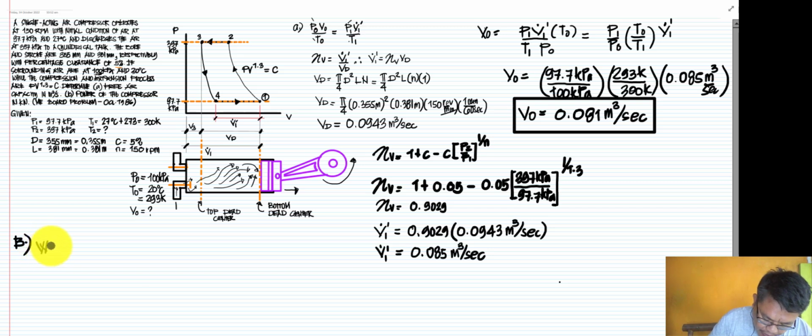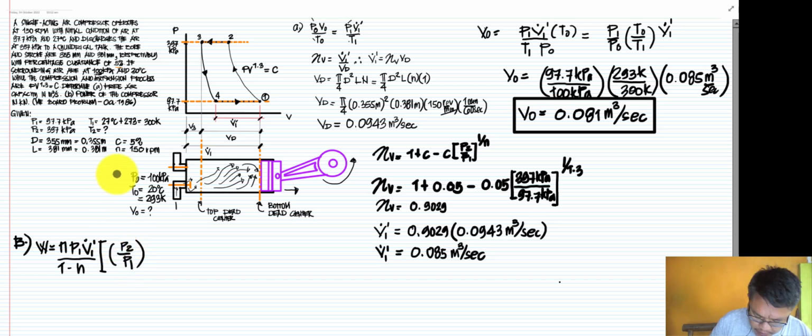So we have your work, which is equal to N multiplied by P sub 1, volume flow rate 1 prime, then divided by 1 minus N. Then I'm going to multiply this by the ratio of P sub 2 over P sub 1, raised to N minus 1 over N, then minus 1.